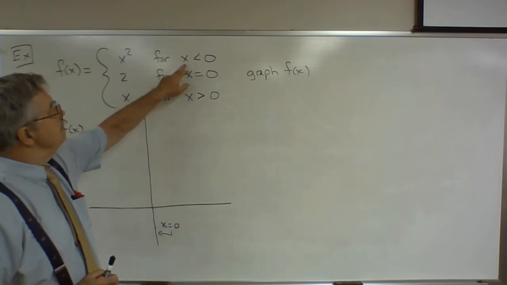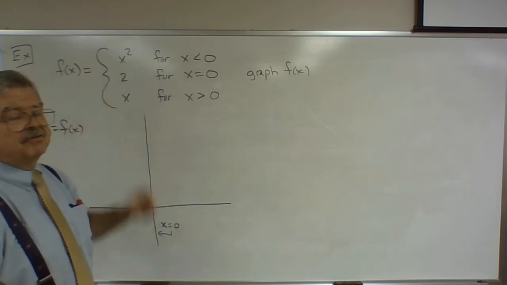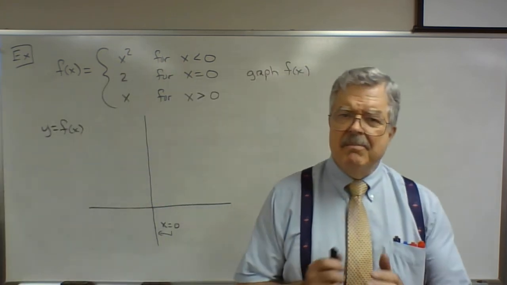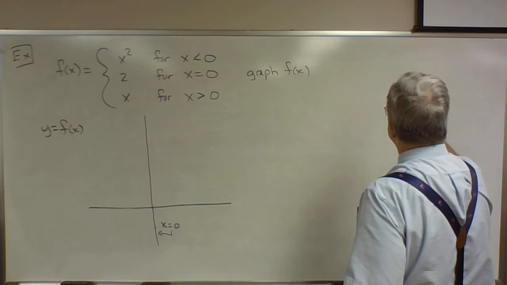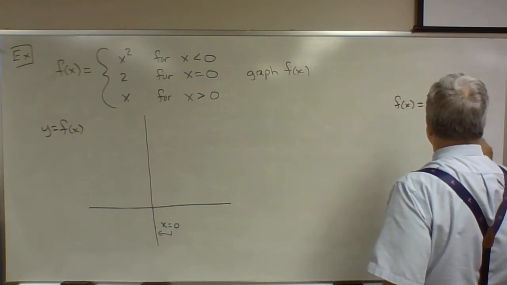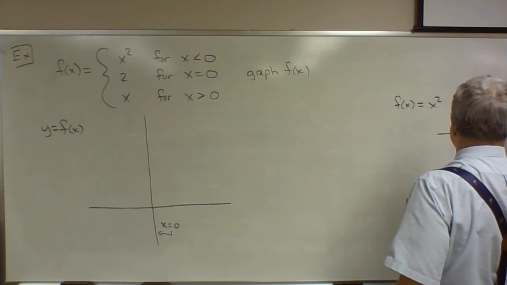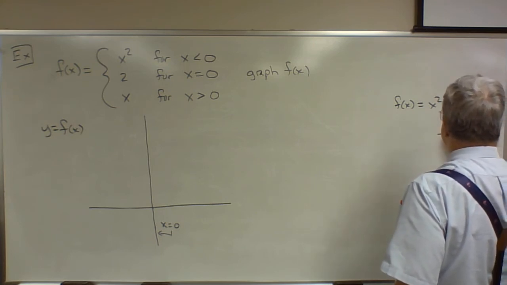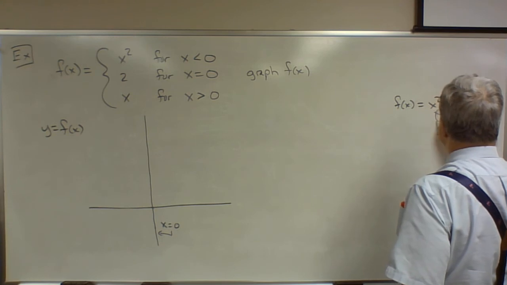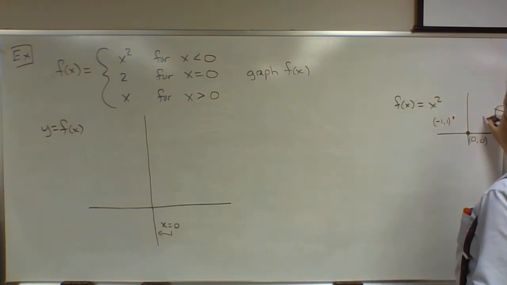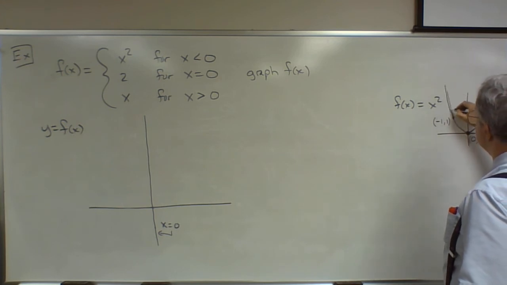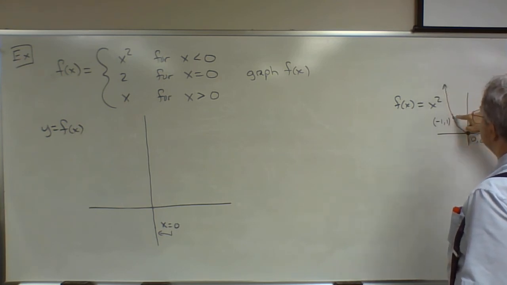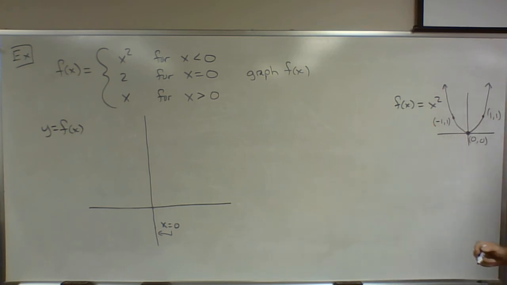For x less than 0, f of x equals x squared. And we remember what the graph of f of x equals x squared looks like? This is what the graph of f of x equals x squared looks like.